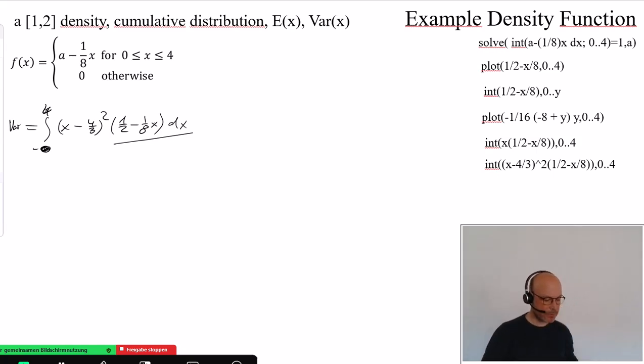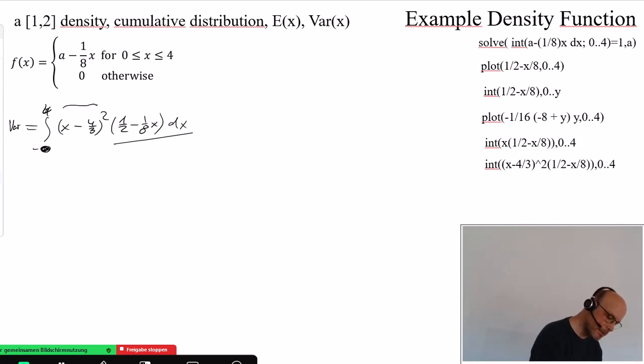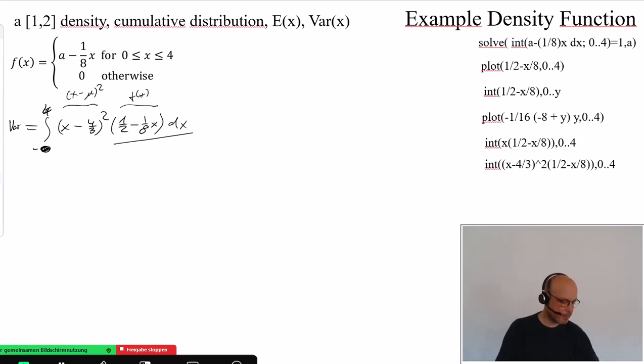What do we have to do? So this is the square distance times our f of x. This is x minus mu squared. How do we evaluate this?